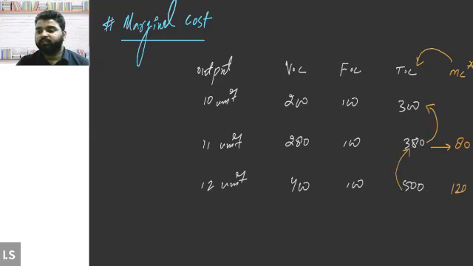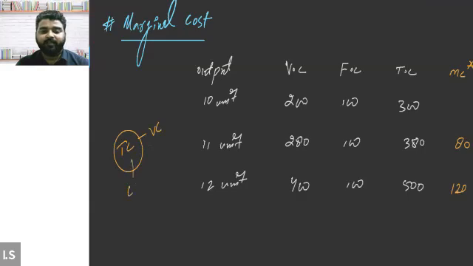But now, as we have discussed earlier, whatever change arises in the total cost is all because of the variable cost. So if total cost is changing, it changes because of variable cost, right? And whatever change takes place in the total cost, we call it marginal cost.